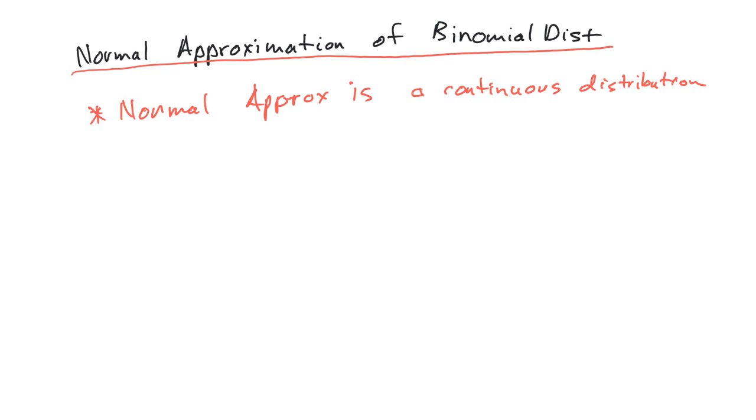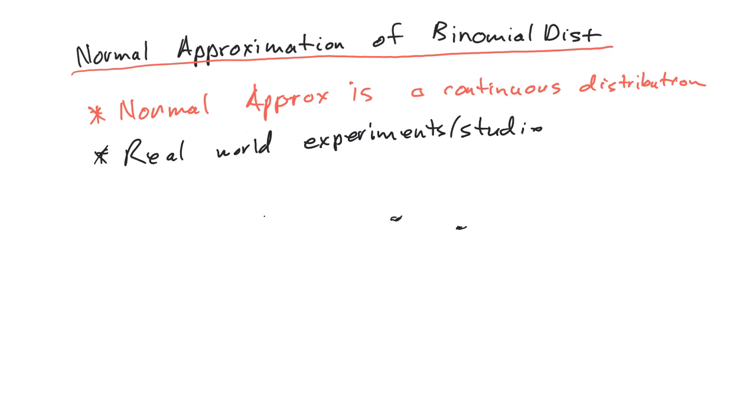Now, the normal approximation is always a continuous distribution, but when you're looking at real world experiments, studies, etc., these are often discrete distributions, discrete data points.